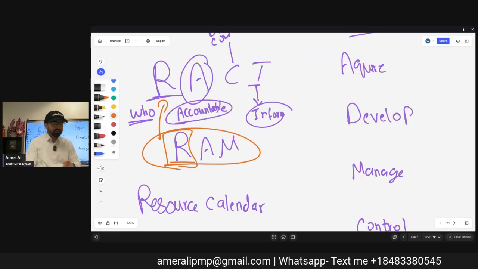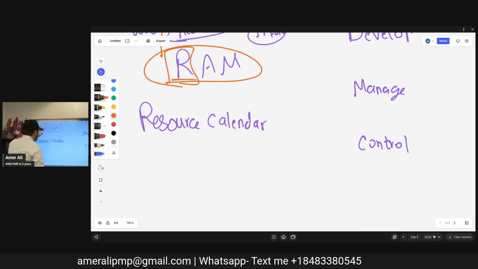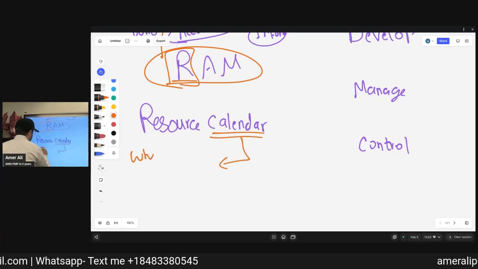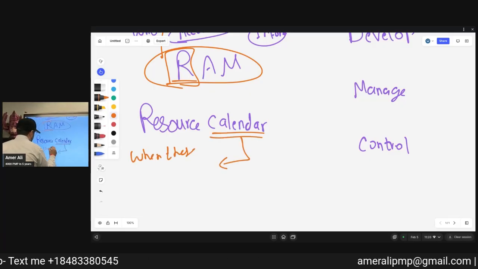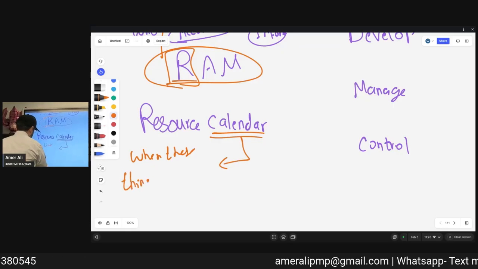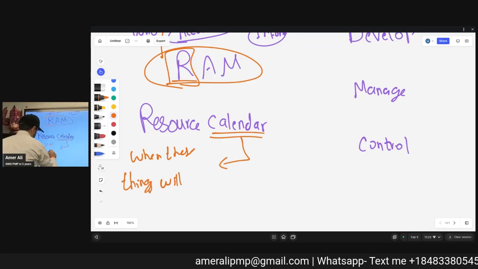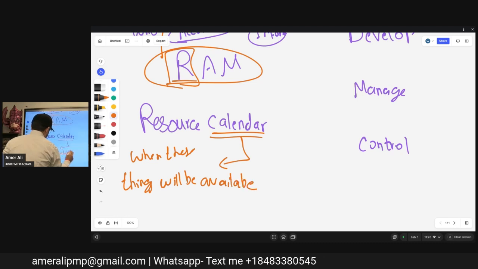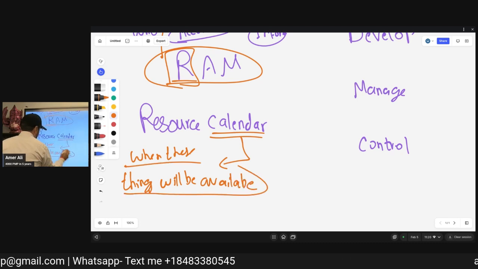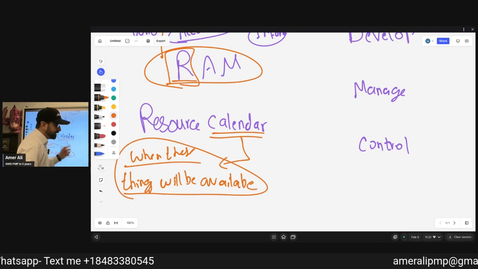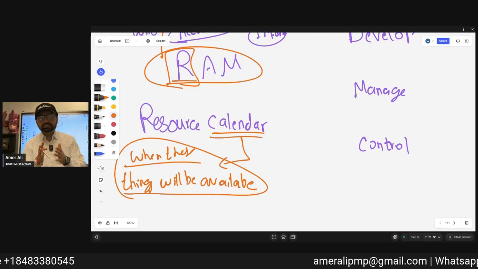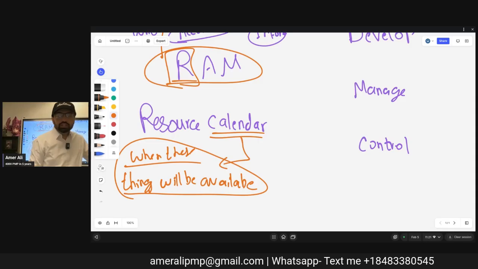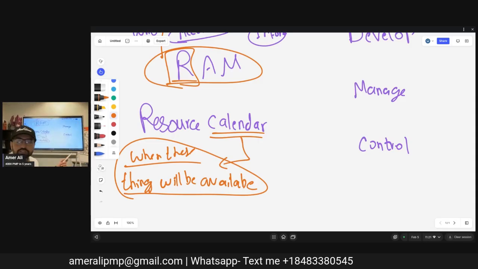Resource calendar: as the name suggests, it is when these things will be available. It gives you a time element, actually the date, like when the resources are going to come.